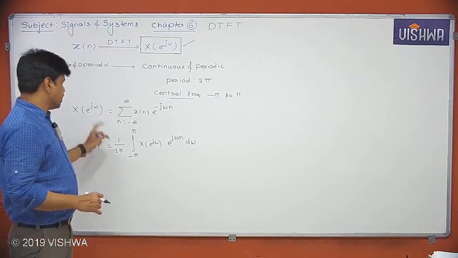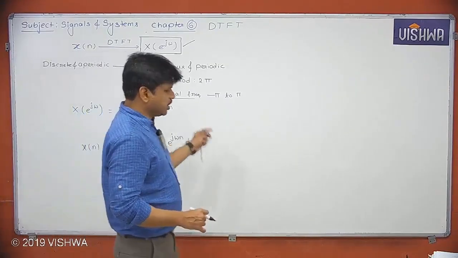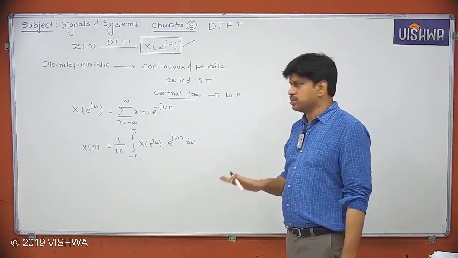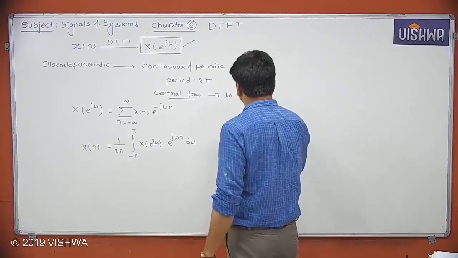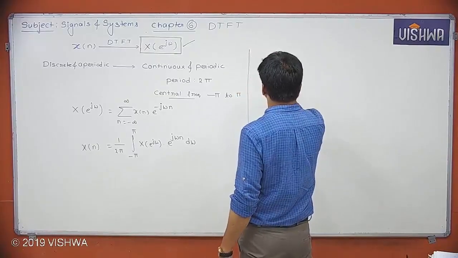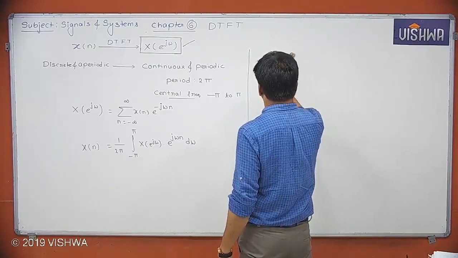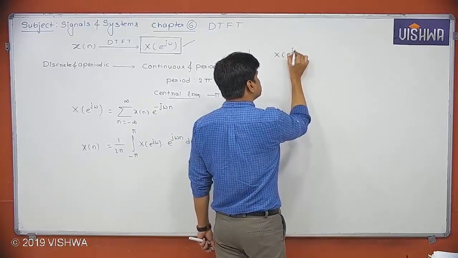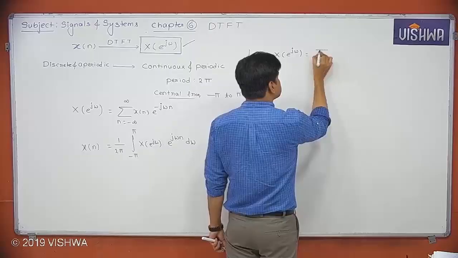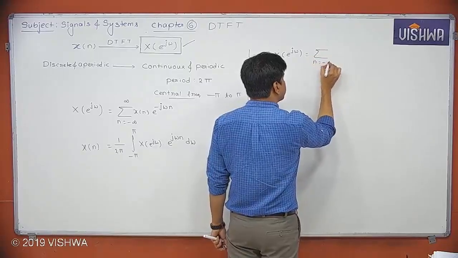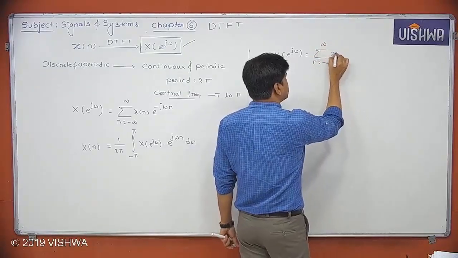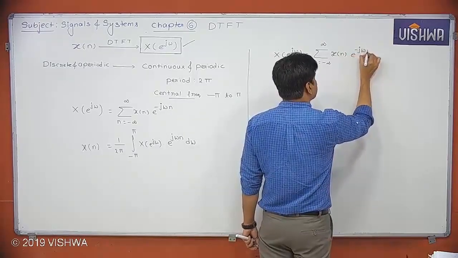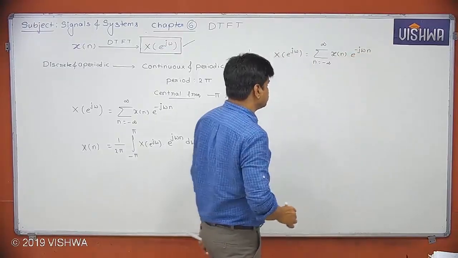Now coming to x of e power j omega. Just now I told you it is periodic with a period 2 pi. Whether it is periodic with period 2 pi or not, that is what I want to check. Let's see. If you know x of n, then x of e power j omega is summation n equal to minus infinity to infinity x of n e power minus j omega n, where n is an integer.